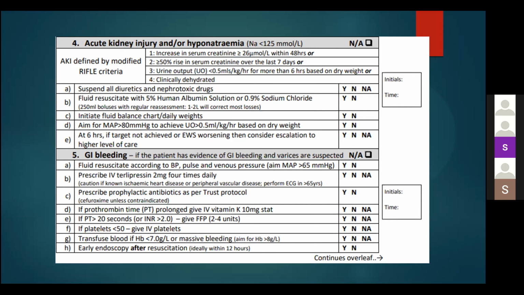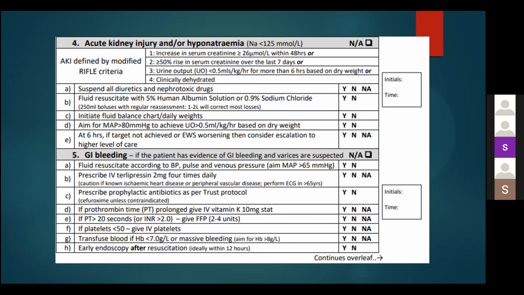These patients need terlipressin, start them on 2 milligrams, continue that 4 times a day until confirmed by gastroscopy. Terlipressin is a vasopressin analog, which causes constriction of peripheral veins, but also constriction of the splanchnic system and constriction of those varices, reducing blood loss. Be careful in patients with known ischemic heart disease, because it will cause coronary vasoconstriction as well.